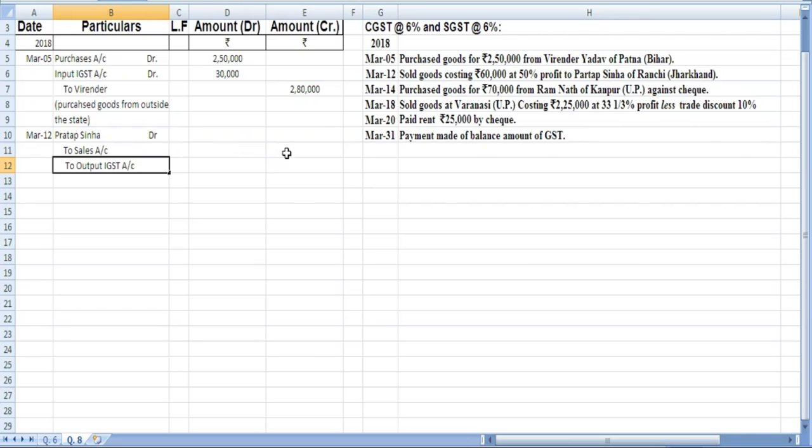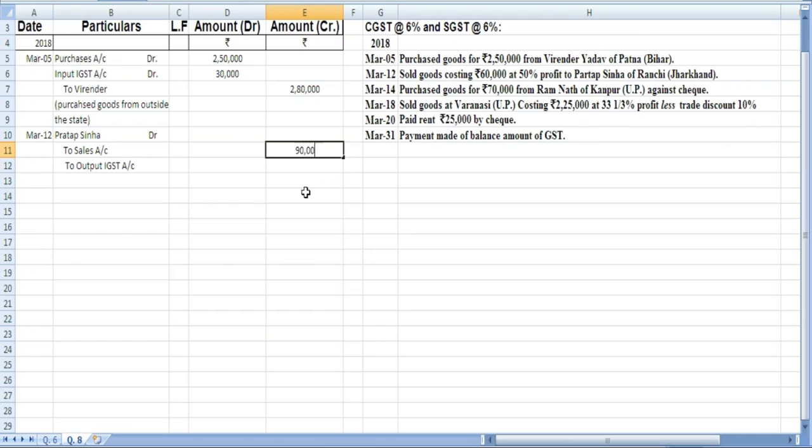So here sales was for 60,000. But here in the question it says that 50% is the profit, so simply we are going to add the profit. 50% of 60,000 will be 30,000.